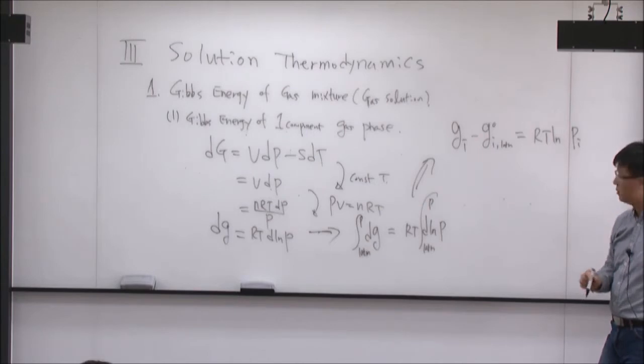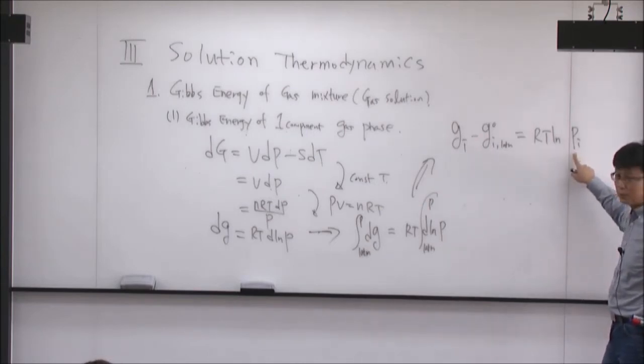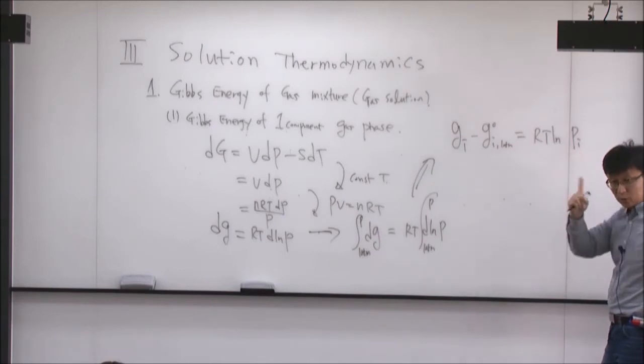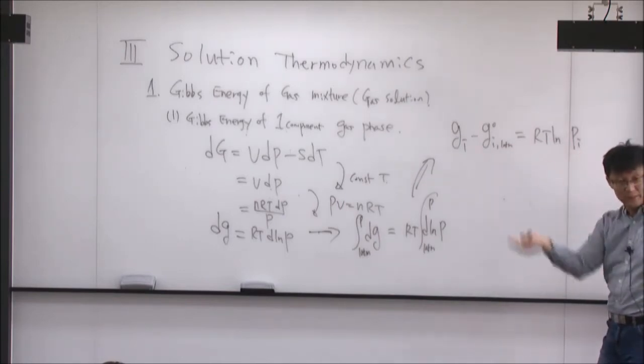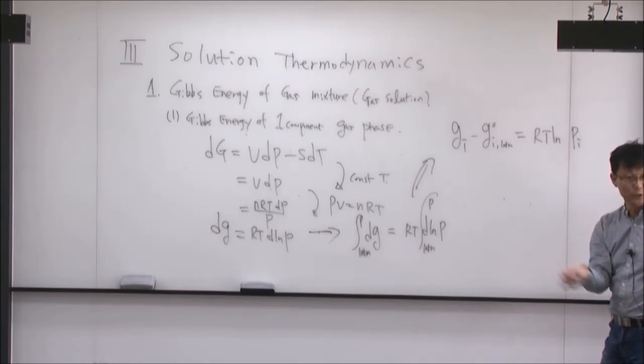Is it okay? So in this case, PI is the pressure over I as a one component system. So I have a system, all of it occupied by nitrogen gas.